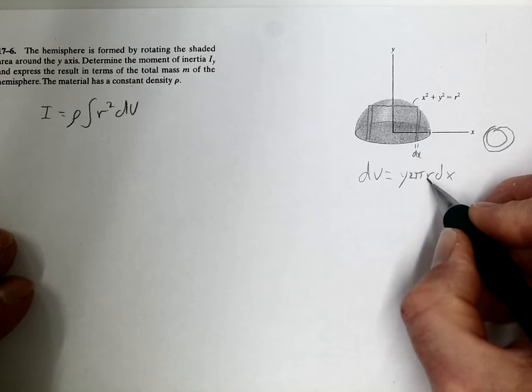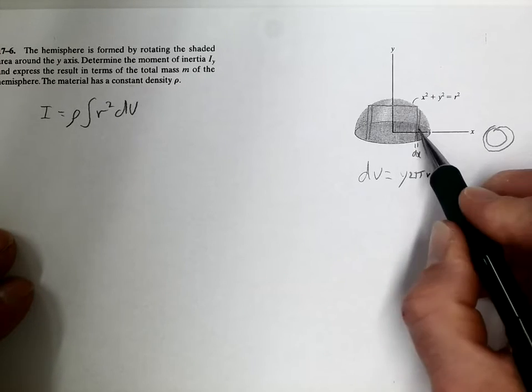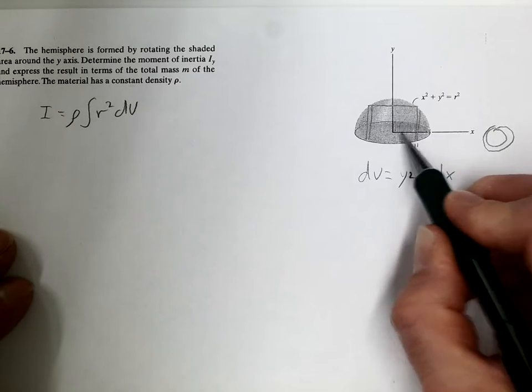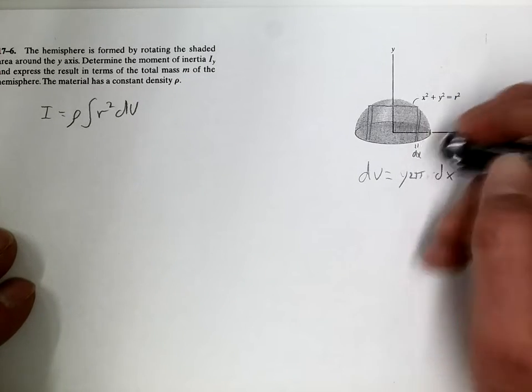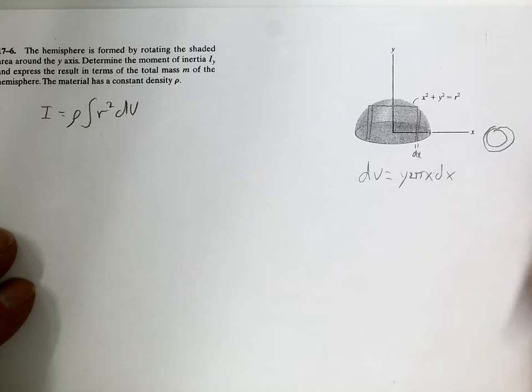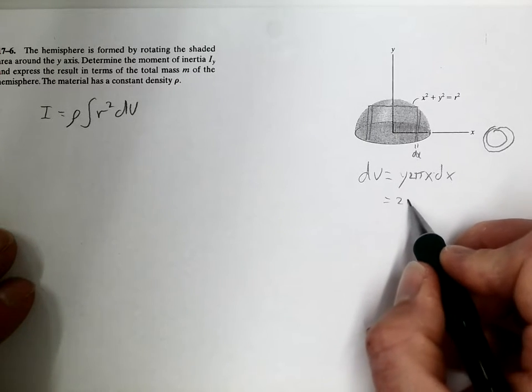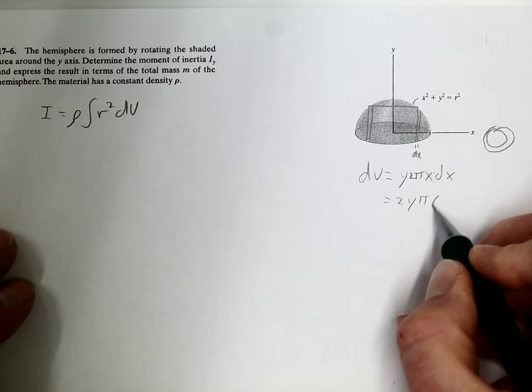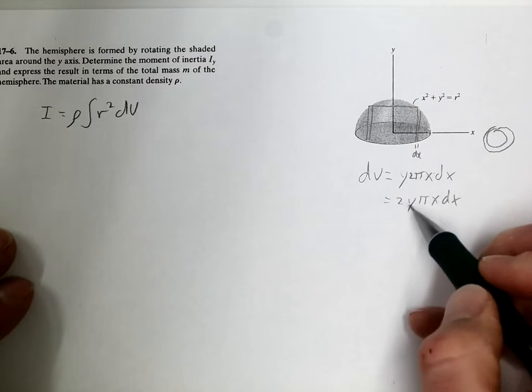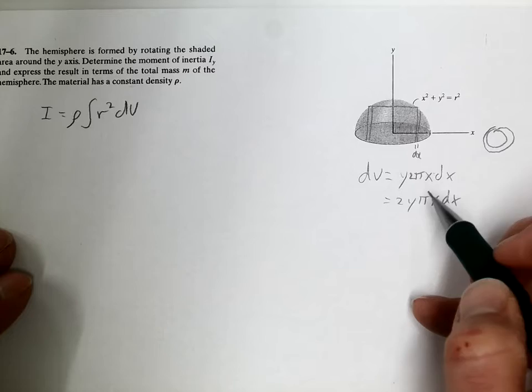Now instead of r, really we want x, because it's the distance from the y-axis. So r is actually x. So we can do y 2 pi, let's rewrite that, 2 pi x y dx. We don't want y, we want x.